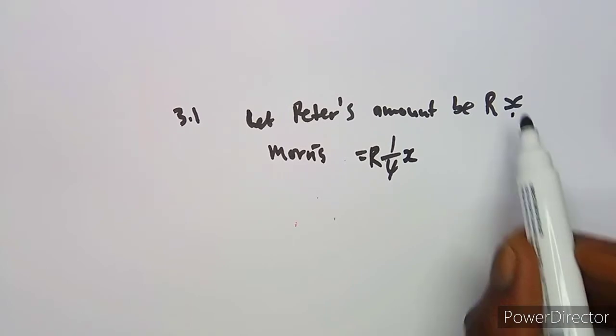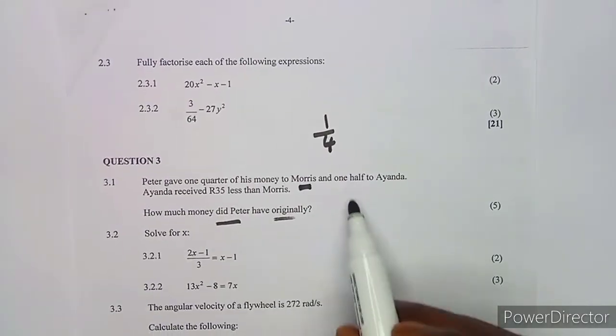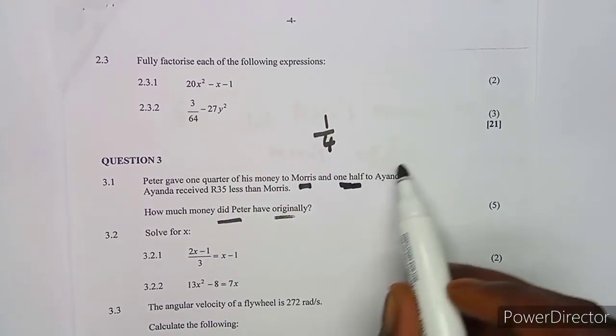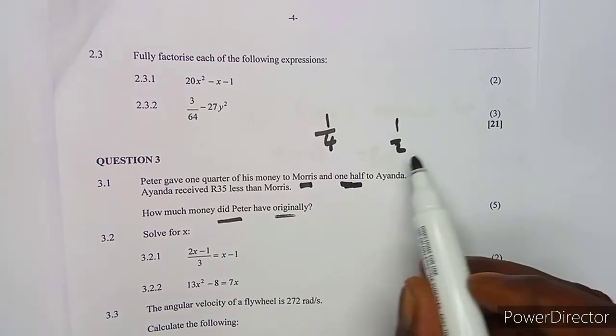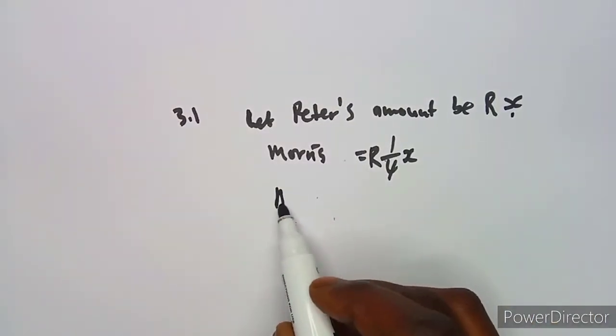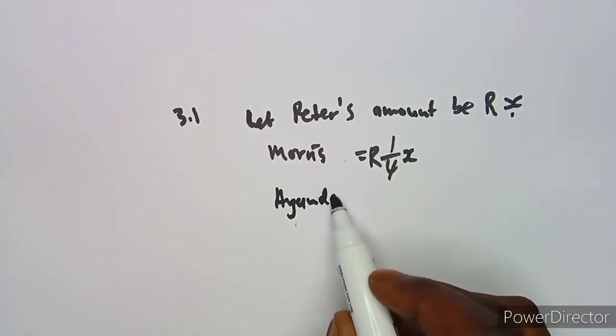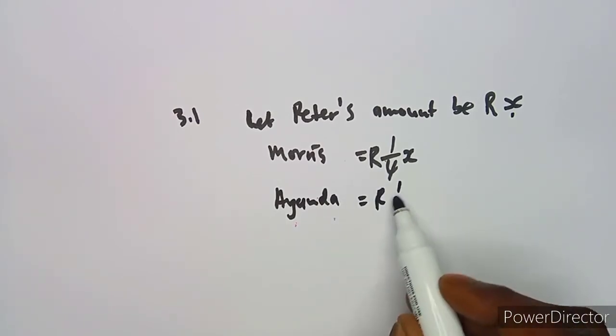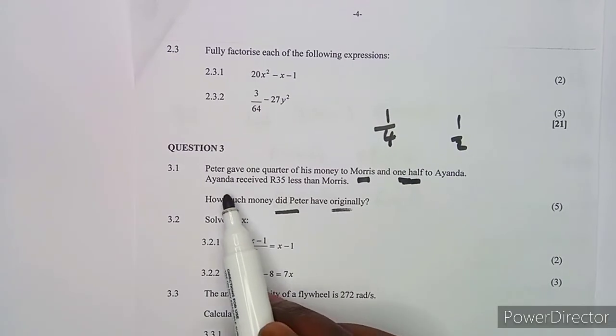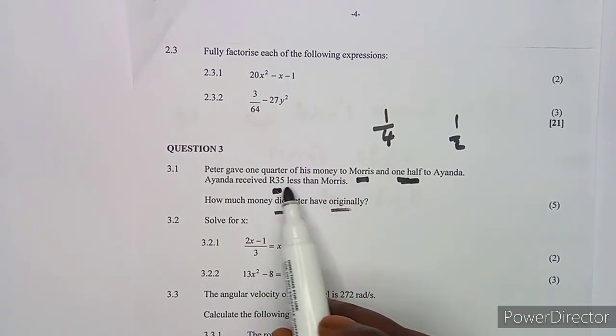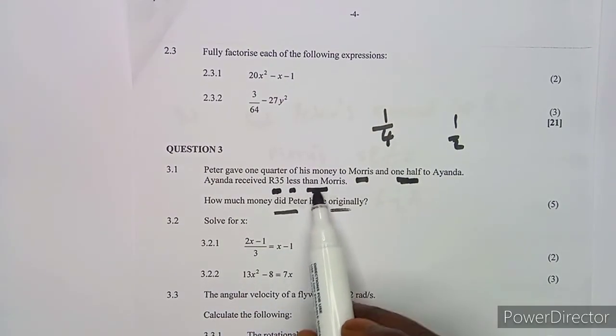So it's 1 over 4 of x, which is 1 over 4x, and half, 1/2, to Ayanda. Half of what? Of x. So Ayanda received half x rand. Then the question says Ayanda received 35 less than Morris.